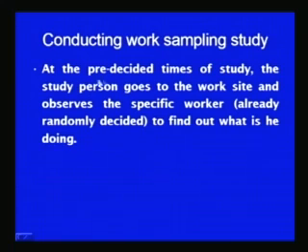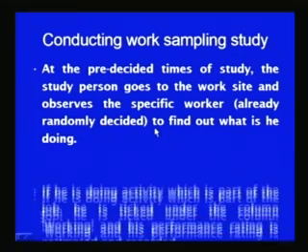For conducting the work sampling study, with observations at pre-decided times, the person goes to the work site and observes the specific worker to find out what he is doing.